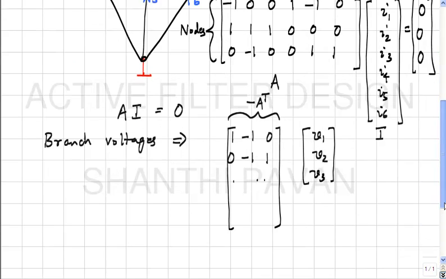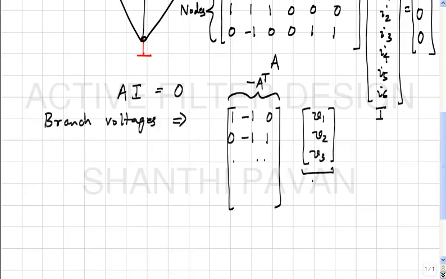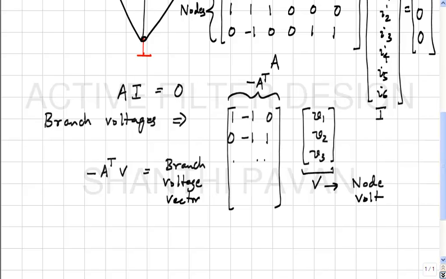So if V denotes the vector of node voltages, then minus A transpose times V is the branch voltage vector. V is the node voltage vector. Is that clear?